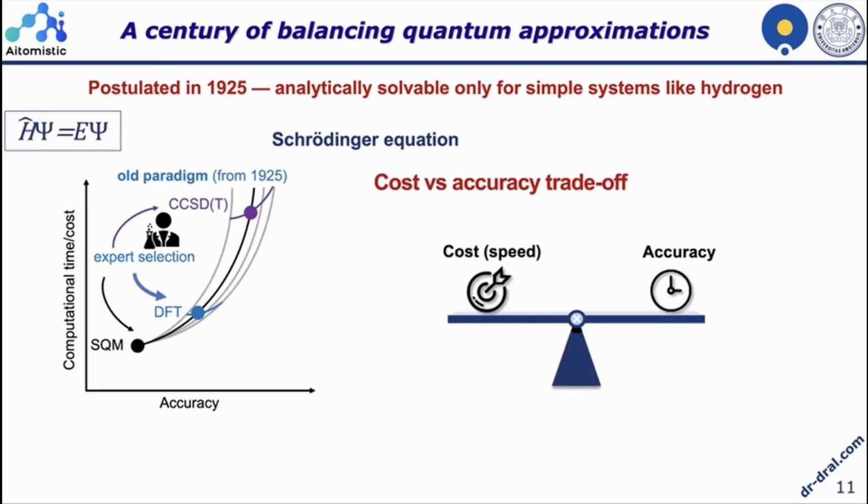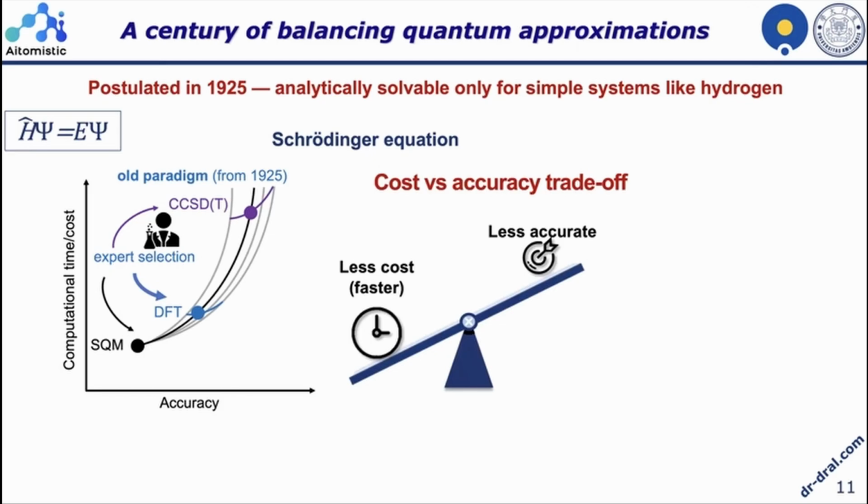And before machine learning, we really had to struggle with the cost and accuracy trade-off, where one of the best methods striking this balance are DFT approaches, making them so popular. And the biggest problem was that if you want something faster, then usually it's less accurate.